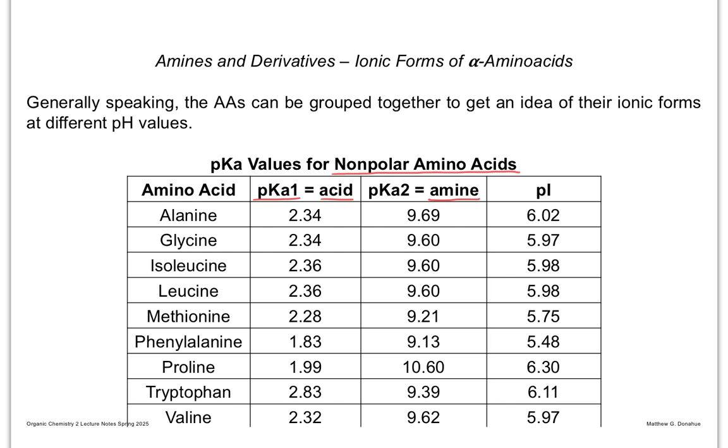The pKa2, that relates to the ammonium NH3. So you take those two numbers, add them together, divide by 2, and then you get the pI value. And what you find in general for these nonpolar amino acids, the pI is approximately around 6. You'll notice that there's some variation in these numbers, and again, that depends on the nature of the side chain.